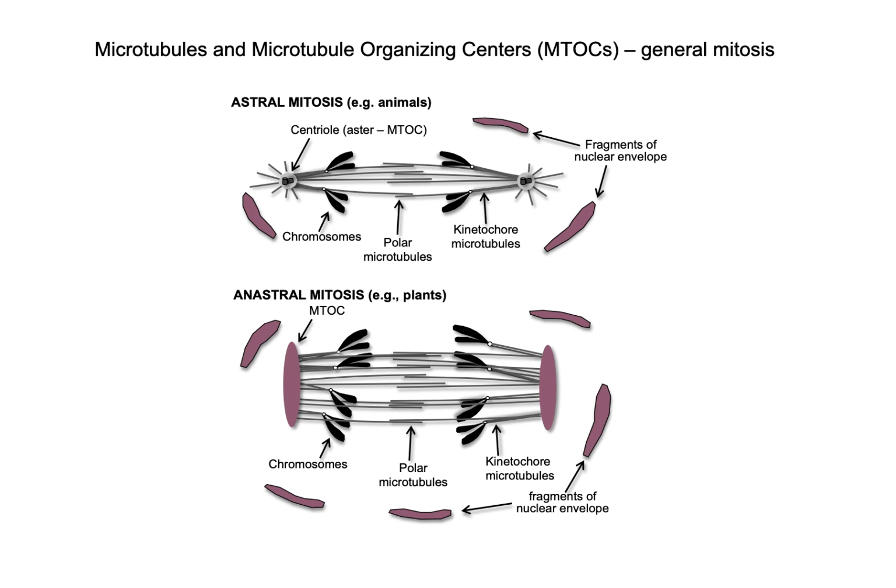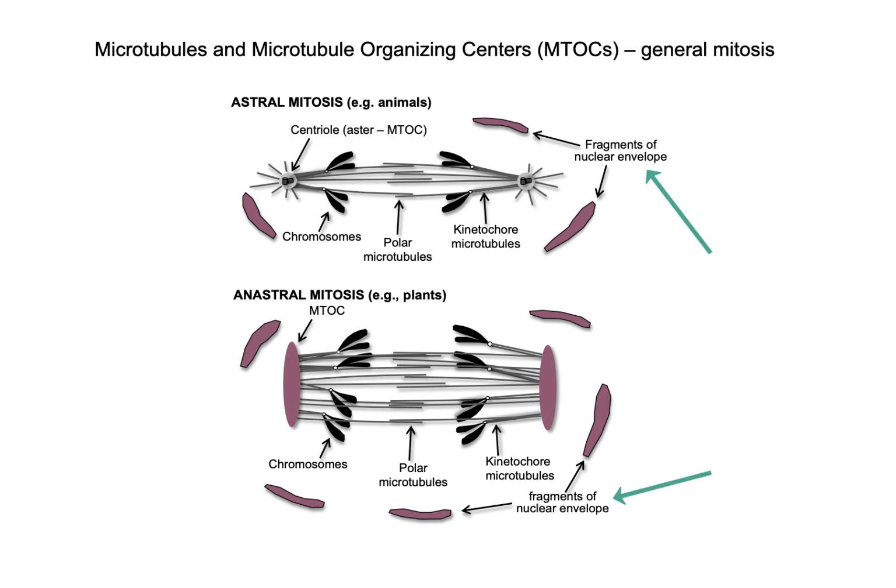In the case of anastral mitosis, you would then have a more diffuse area, but still a microtubule organizing center, and the kinetochore microtubules and the polar microtubules would emanate from those. Still, the chromosomes would be pulled by their kinetochores or centromeres to the poles, and these microtubules crossing in the center, the polar microtubules, would be pushing the cell apart, or at least pushing the microtubule organizing centers apart.